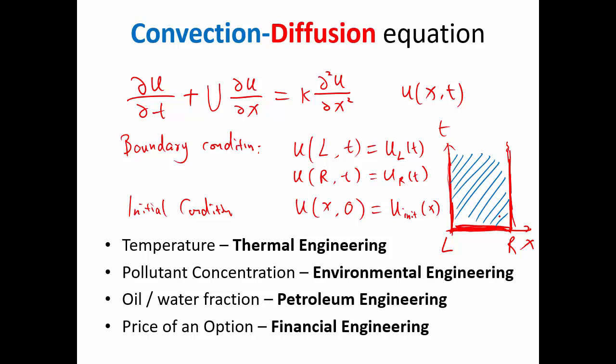This is a typical setup for a partial differential equation in space and time. So why are we going to use this differential equation? Because for this differential equation, we have a very good feeling of how it behaves.